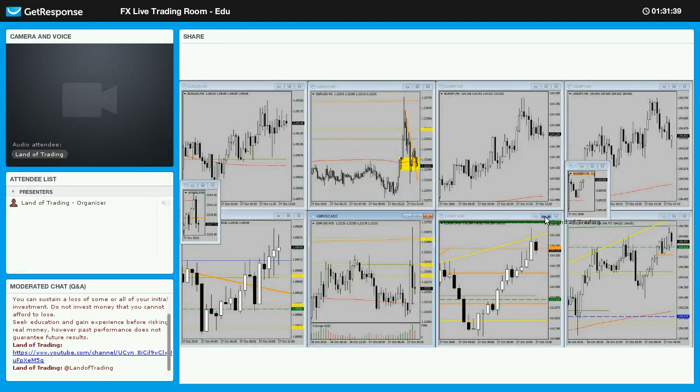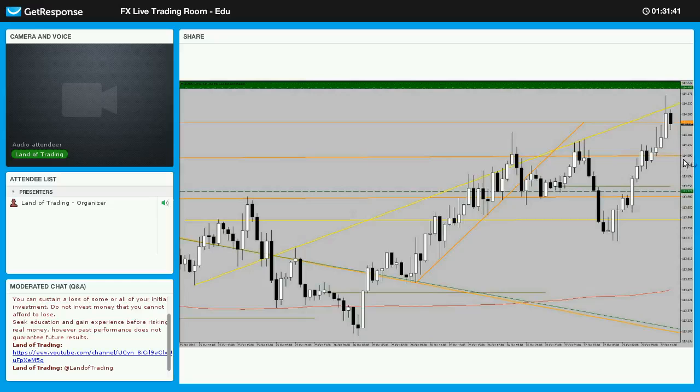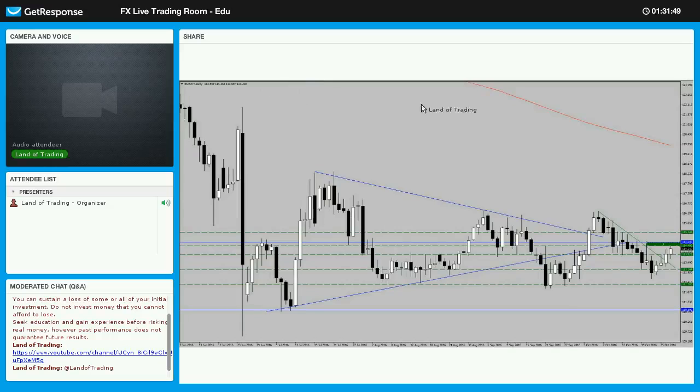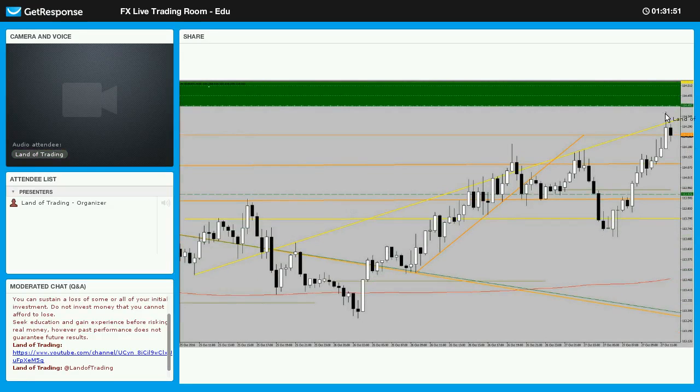Just a reminder, euro yen looking for 40.60, the green supply base on the daily. We just hit 38, so shy by a few pips.